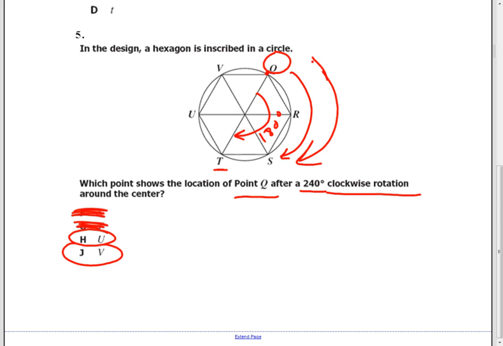Did you put any specific numbers in the drawing? How many degrees in the circle? 360. So if I'm seeing a hexagon inscribed in a circle, did you put 60? Yeah. Now I can see that I need just an additional 60 degrees. We went from here all the way to here. That's choice U.